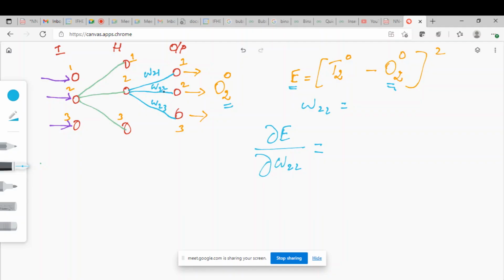Is it only W22? That's what I am asking. Please recall. You are missing something. Is it only the weight that is coming? Is something else not coming? The previous output is coming, right? Yes or no? So along with this weight, what is also connected?